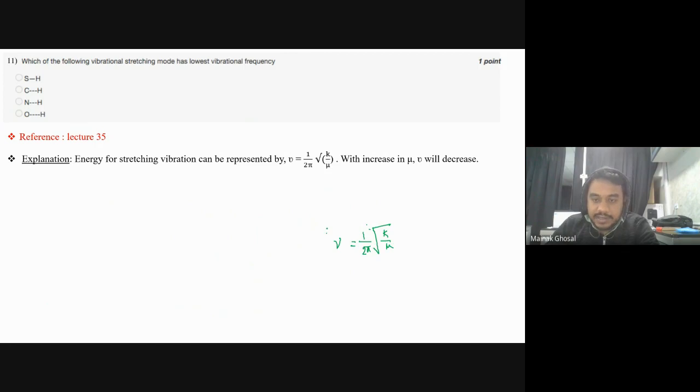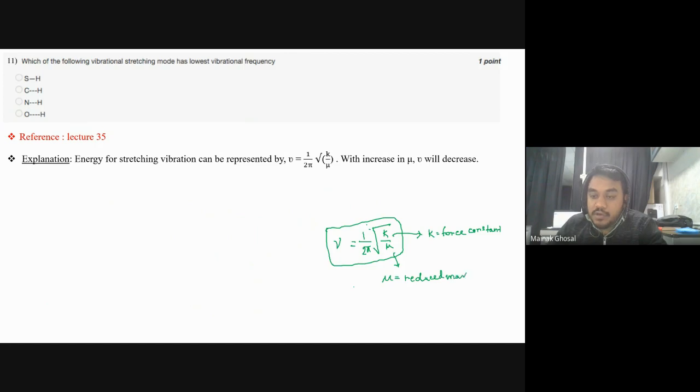This is the vibrational stretching frequency, or wave number, or wavelength, whichever you can convert, but the general expression is nu equals 1 by 2 pi root over k by mu. So what factors does this depend on? It depends upon k, which is the force constant, and mu, which is the reduced mass.